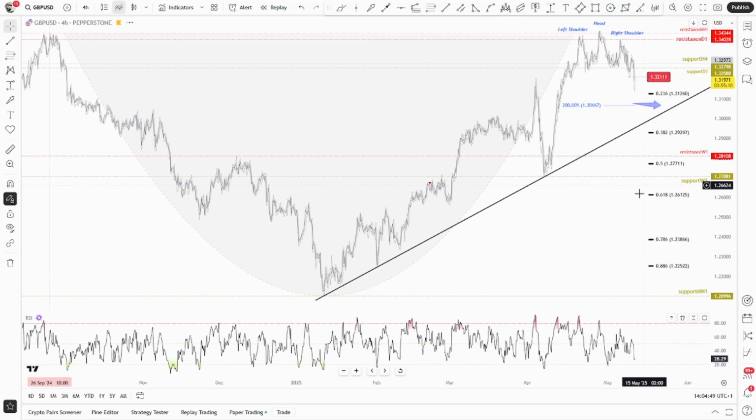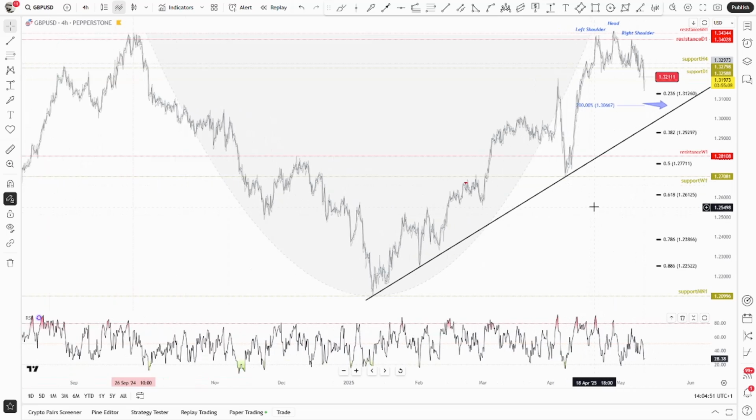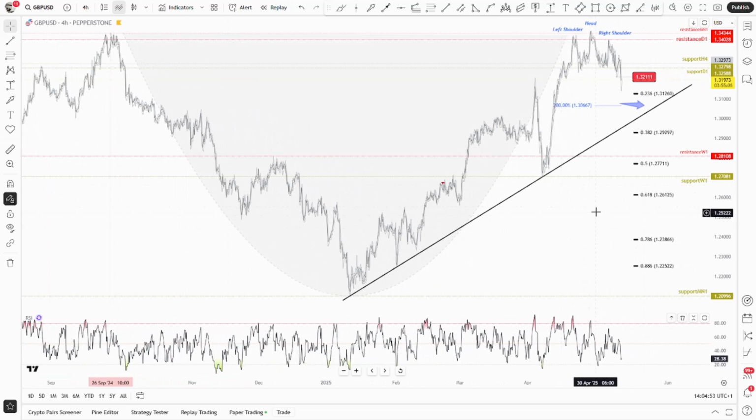At the same time, we have the cable trading below the fractal support level printed at 132.11. It's now trying to recover that level, but we have a fractal at 132.58.